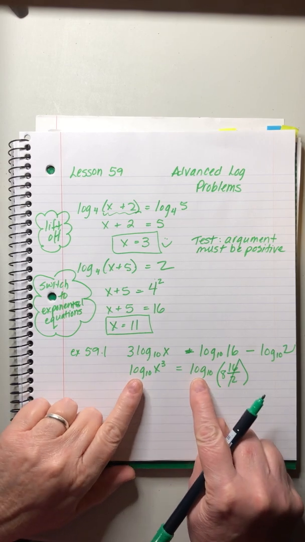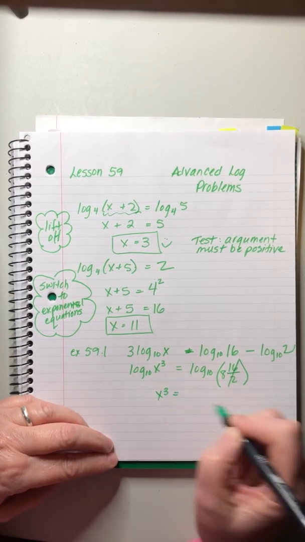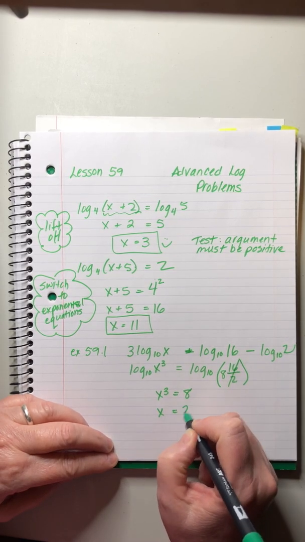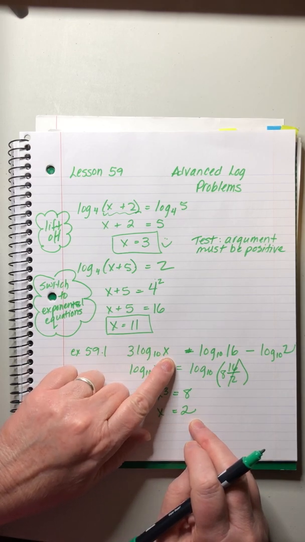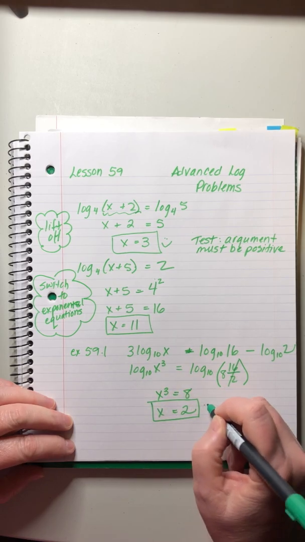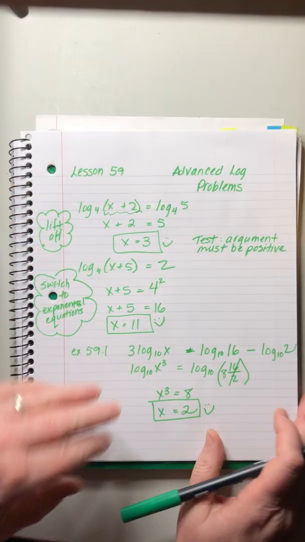But now, because I have log 10, now I can say x to the third equals 8, and then that gets me quickly to x equals 2. Check to make sure. Yes, that's a positive argument. That's the only variable in the argument. I'm good. That's the right answer. These were the right answers too. All right, so that was an example of the first type.